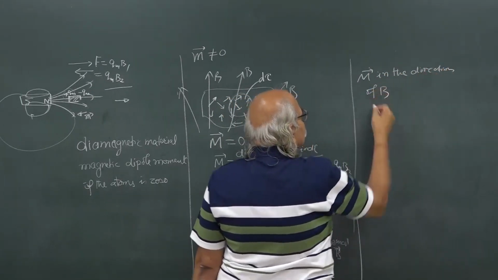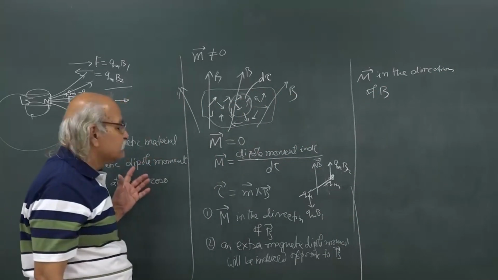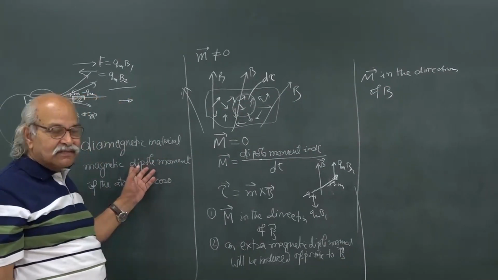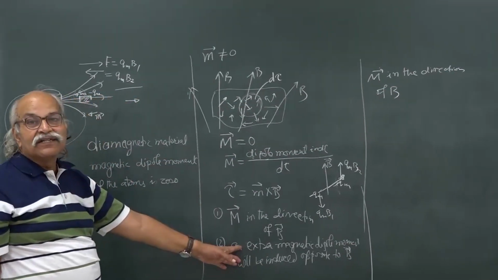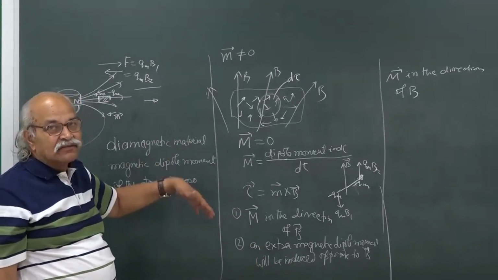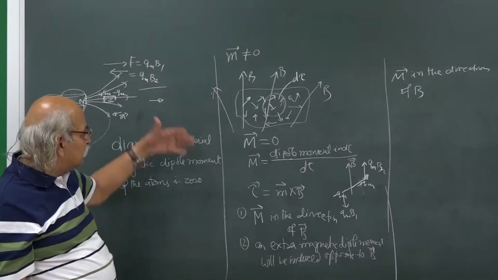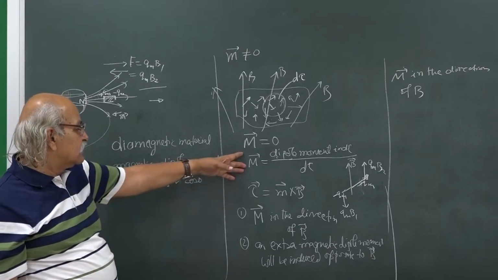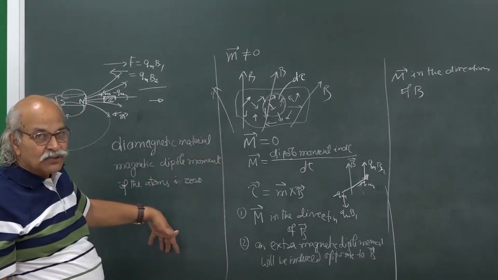So, if the atom does not have a magnetic moment, then only this phenomenon is there, and so a weak, opposite magnetization, a dipole moment, is induced.